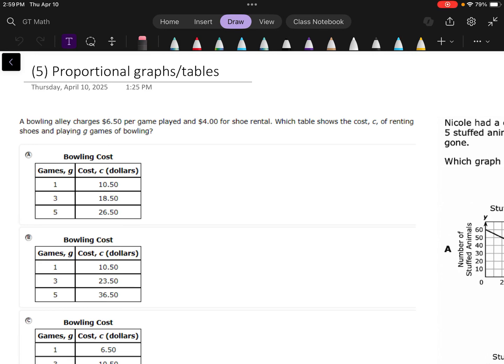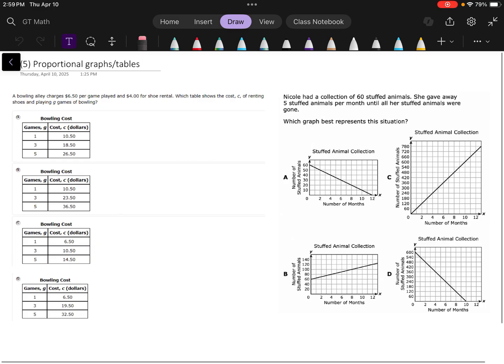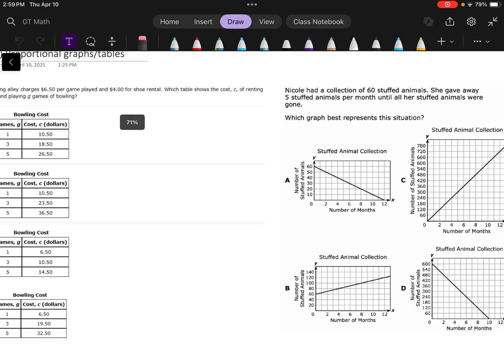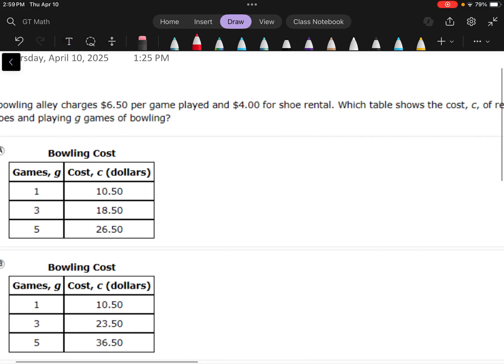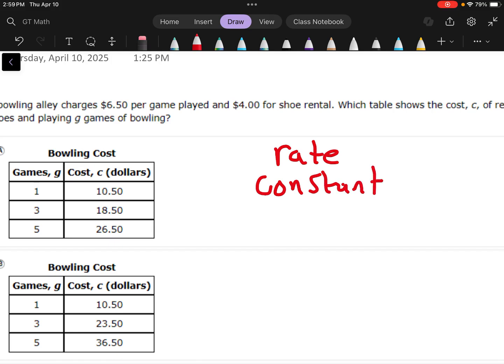All right, so proportional graphs and tables. We've done this earlier in the year, and I told you the key thing about proportional tables and graphs is that basically the word rate, or constant of proportionality.